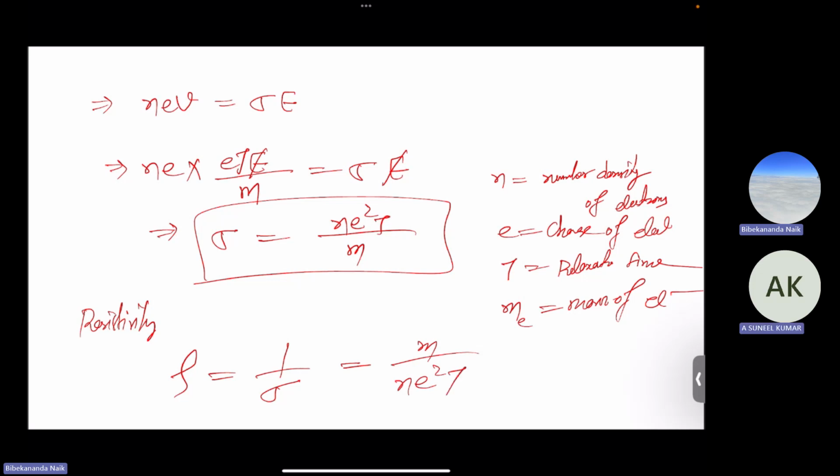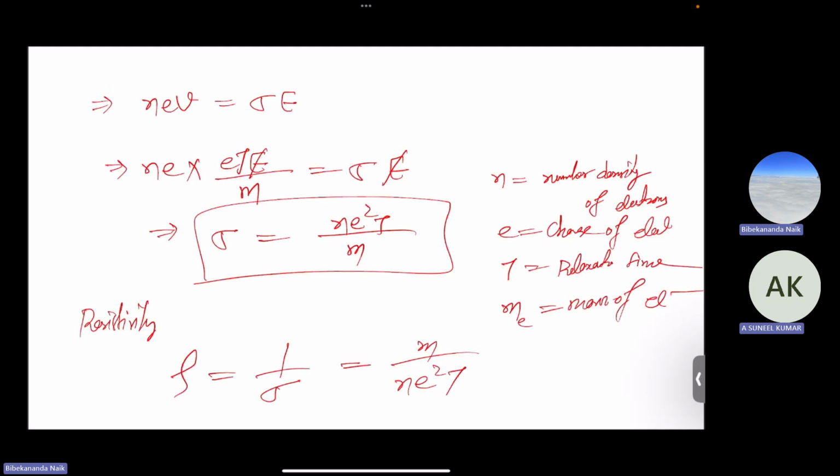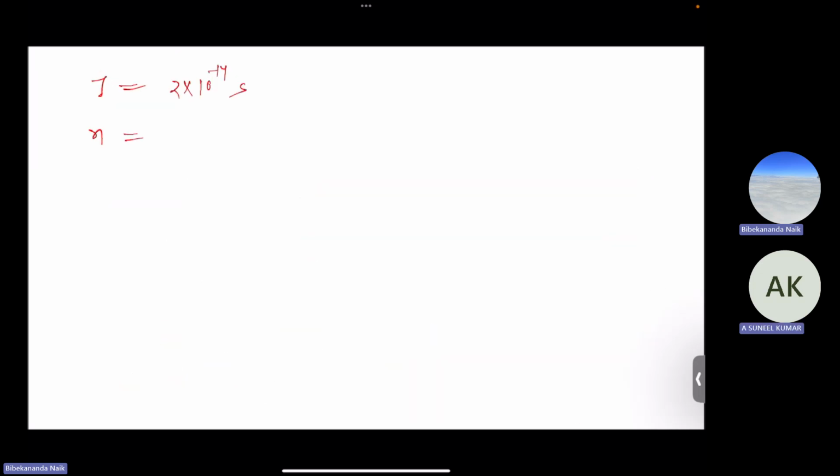So in the question, we are given the known values. τ is 2 × 10^-14 second. Then n, the number density of electrons, is 8.5 × 10^28 per meter cube.